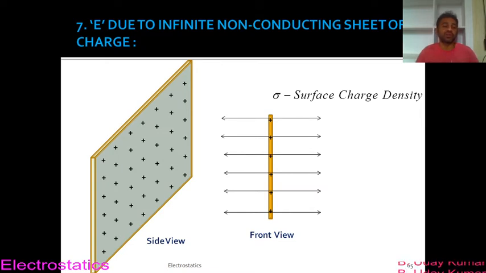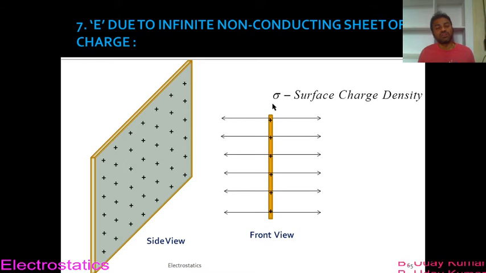If the charge is distributed on its surface, that case is an example of surface charge distribution, and hence those systems can be understood with the help of surface charge density, which is denoted by sigma. You already know the different types of distributions: linear, surface and volume. This case is surface charge distribution, and hence we can write the electric field intensity of this system in terms of sigma.